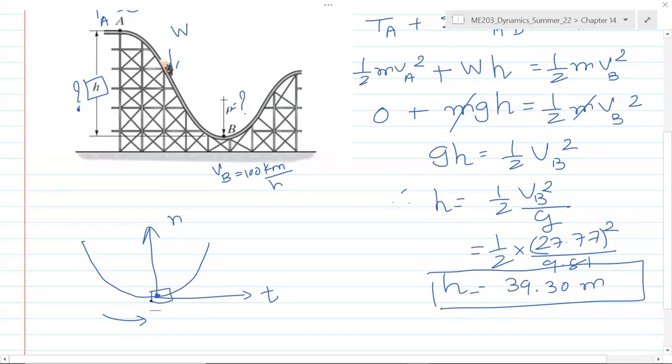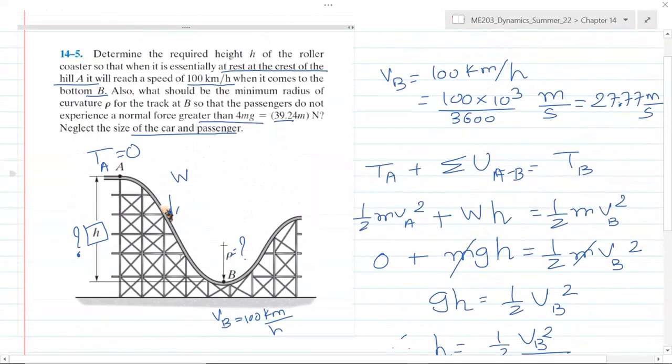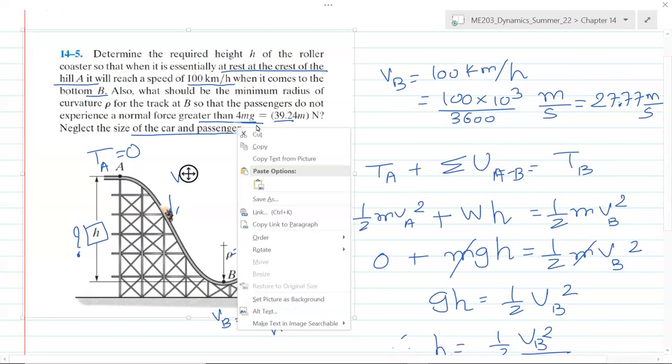This is the coaster car, which we consider as a particle. The weight of the particle acts downward, W, and the normal force that it experiences, N, is in the upward direction. That normal force value is given as maximum 4 times mg, which is 39.24 times m.